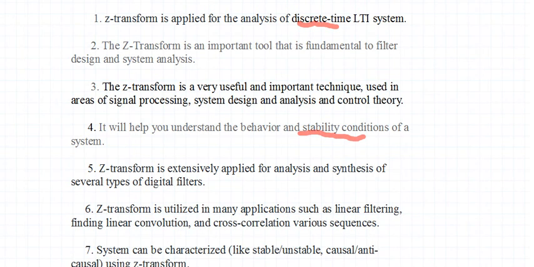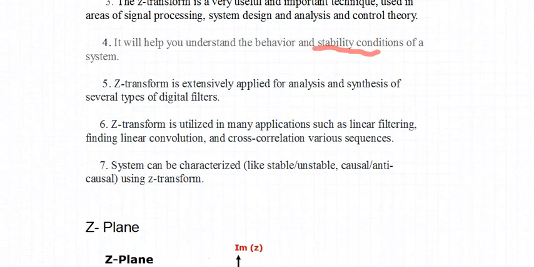If you take the Z transform of the input and output signals, you can easily comment on the stability of the system. Z transform is extensively applied for analysis and synthesis of several digital filters. When you study digital filters, there is no alternative to Z transform. You have to use Z transform in the analysis of digital filters.